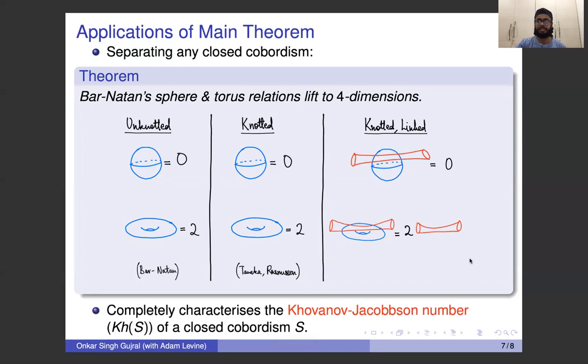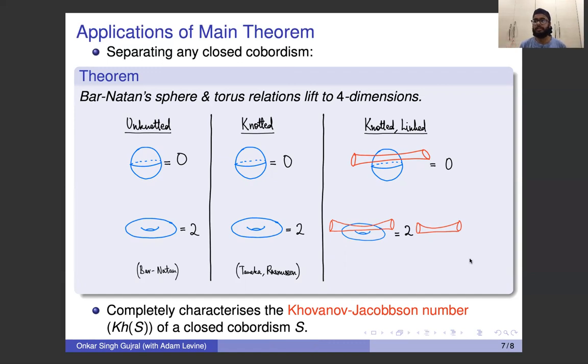Before that, I should also say that the main theorem completely characterizes the Khovanov-Jacobson number of a closed cobordism. So the Khovanov-Jacobson number of a closed cobordism is an invariant of a closed cobordism that is obtained by looking at the Khovanov map induced by this closed cobordism when viewed as a cobordism going from the empty knot to the empty knot itself.